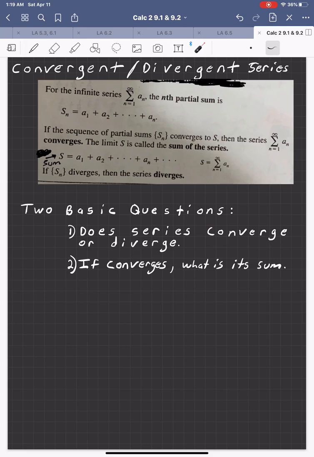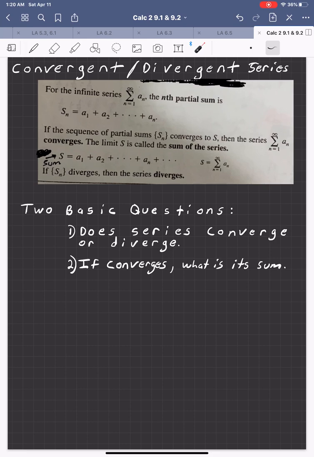Now remember, a series is the sum of a sequence, right? So you have a set of numbers, that is a sequence, and we were asking, what's the sum of that sequence? That would be a series, right? So we have a finite series, infinite series, but again, it's a question of convergence or divergence.